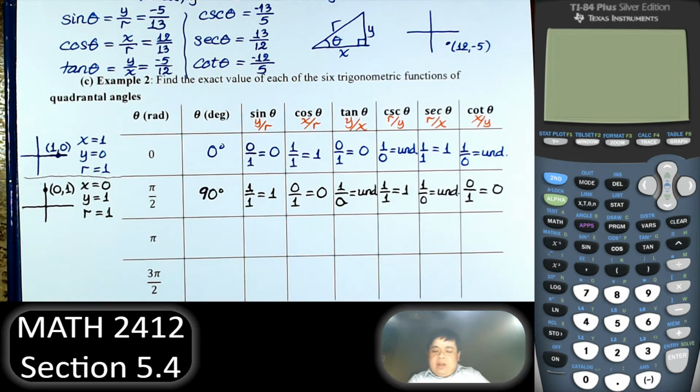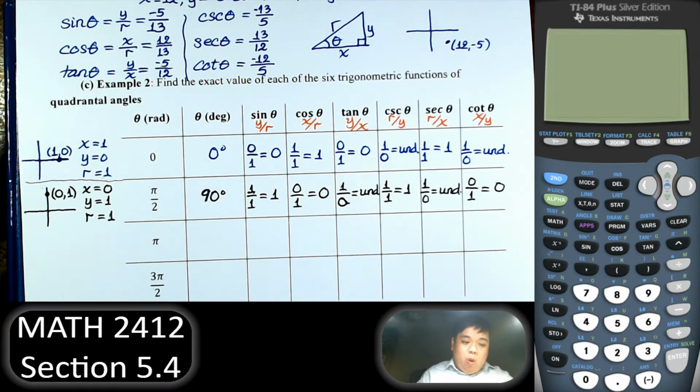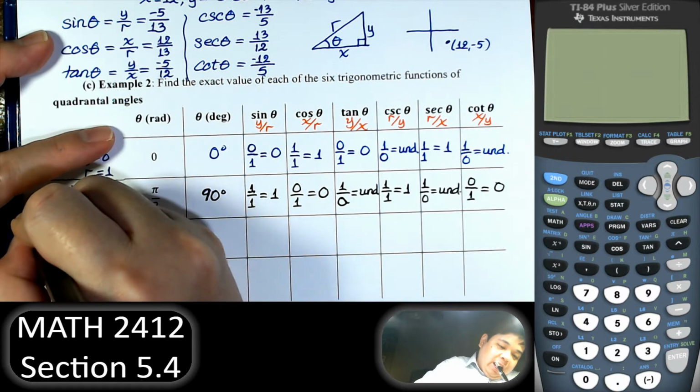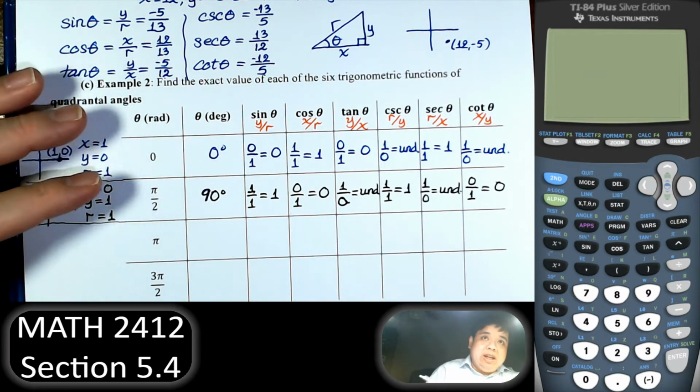Right. So you don't have to memorize anything, just go by the definition and whatever the quadrant is, draw it out and then find x, y, and r. Once we have all of those, that should be easy.